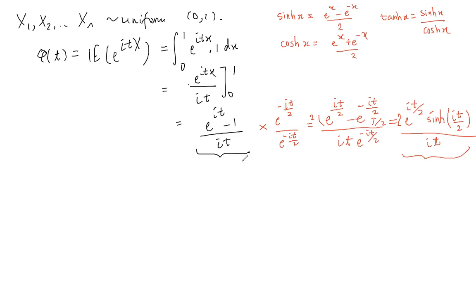Sometimes you may also want a representation using e^{it} equals cos t plus i sin t, right? Sometimes this is useful. This is de Moivre's formula.